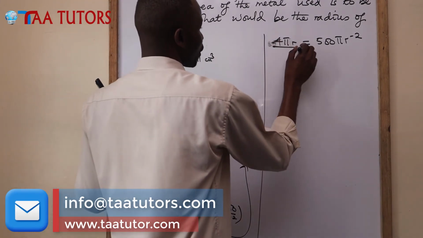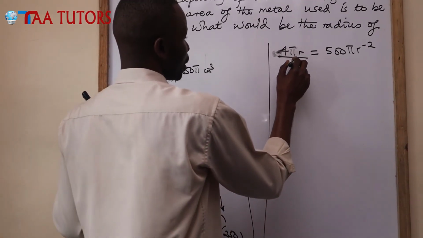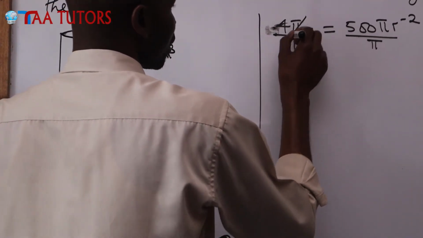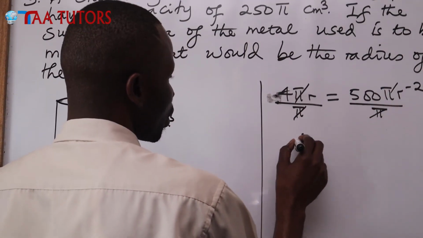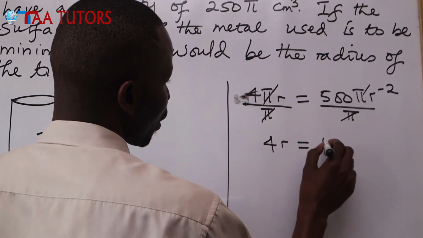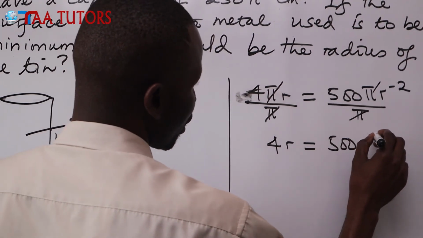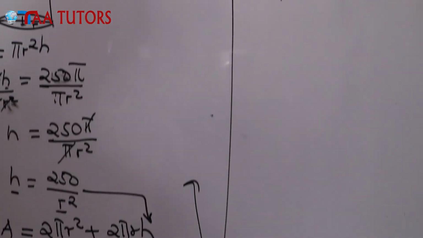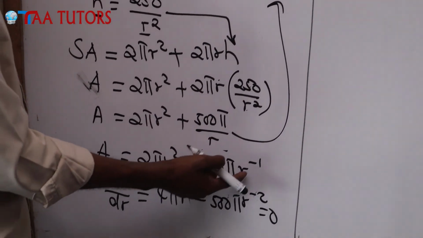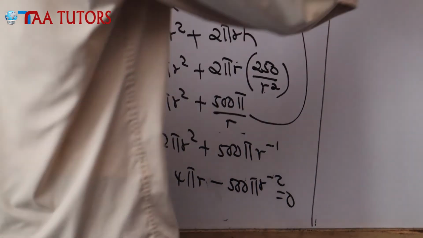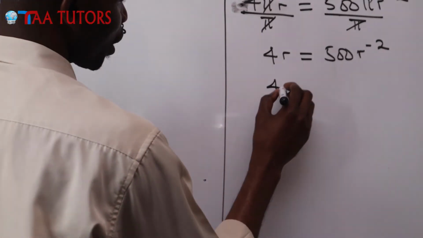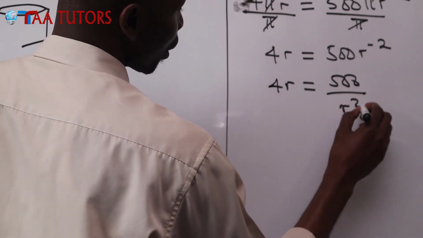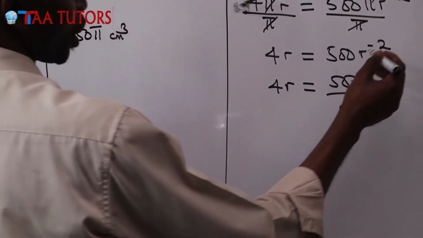We can divide both sides by pi, so pi and pi go. That is 4r equals 500 r to the negative 2. But I can do it again by removing the negative and bringing it as a fraction, meaning the reciprocal. I'll say 4r equals 500 divided by positive r squared. I've just used the reciprocal.